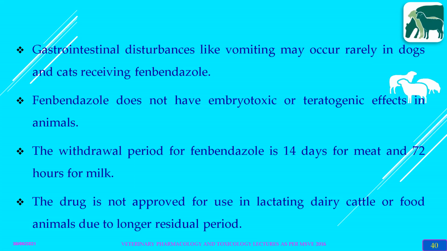The withdrawal period of fenbendazole is 14 days for meat and 72 hours for milk. Suppose you administer fenbendazole to an animal, you should not slaughter it until 14 days after the last dose, and you should not use the milk until 72 hours after milking. The drug is not approved for use in lactating dairy cattle or food animals due to the longer residual period.